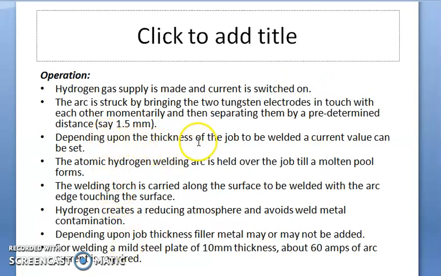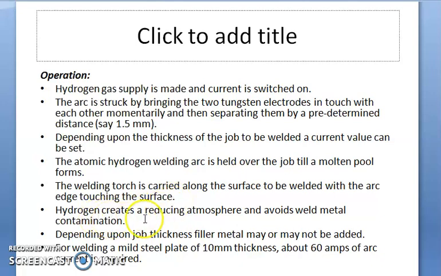Depending upon the thickness of the job to be welded, a current value can be set. Depending on the material of the workpiece, we have to fix the current here. The atomic hydrogen welding arc is held over the job till a molten pool forms. The welding torch is carried along the surface to be welded with the arc edge touching the surface.